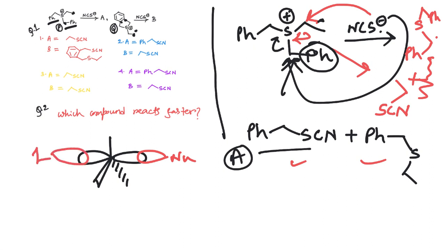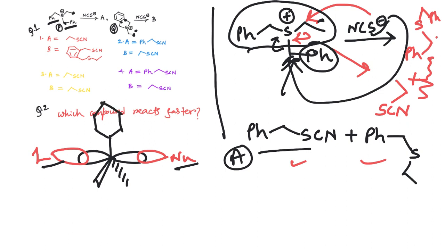Here the nucleophile is this thing, the leaving group is this whole thing, and this is the carbon atom. Now here you have this phenyl group.